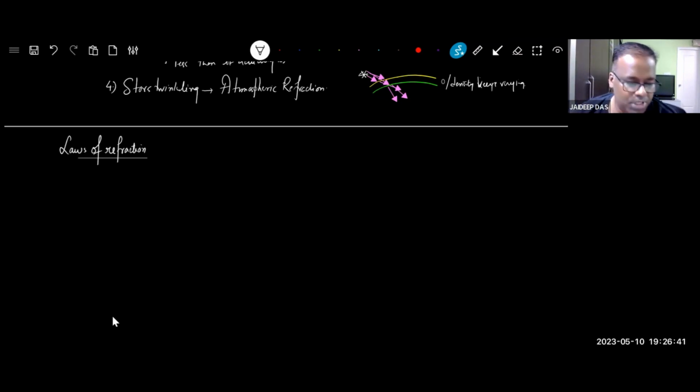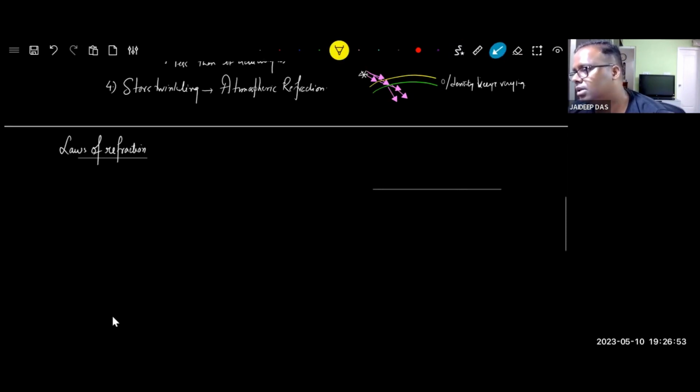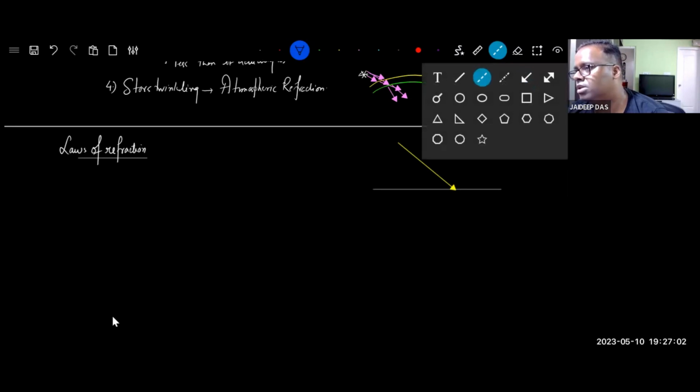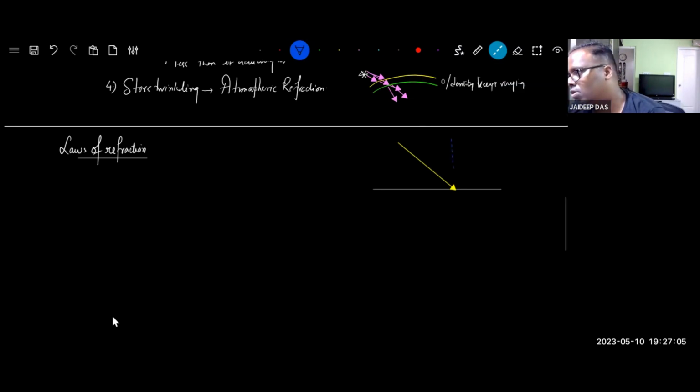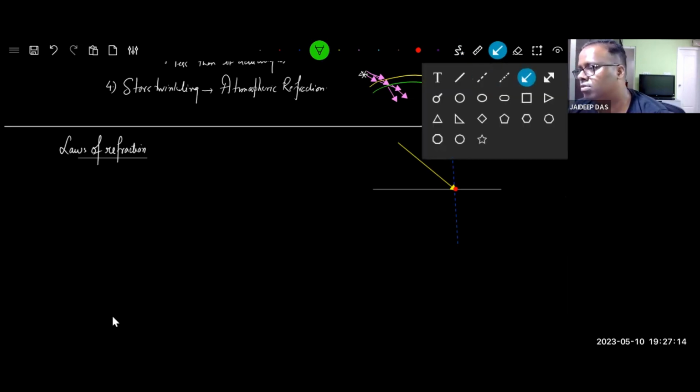Okay, now you don't know trigonometry, but the problems don't come trigonometry oriented. So let's see laws of refraction. For that, again, we make our diagram: angle of incidence, then the normal at the point of incidence. Where is the normal? The normal is here. And after that, we have the angle of refraction.